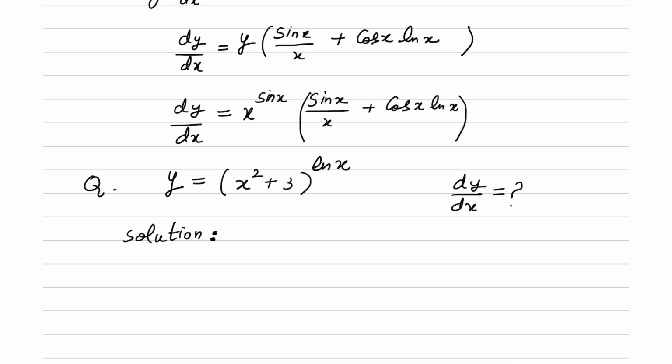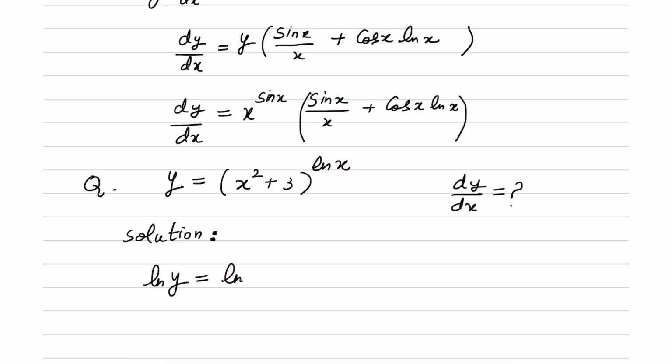So whenever the power is not a number but a variable x or something in terms of x, then you will have to take log or natural log on both sides. So we take ln on both sides first before we calculate the derivative.